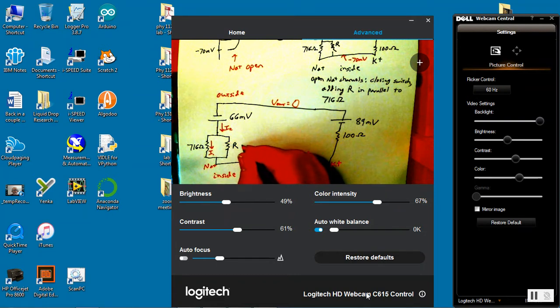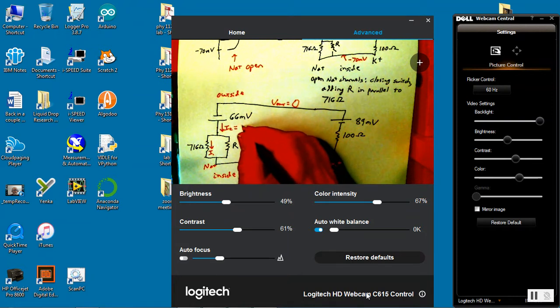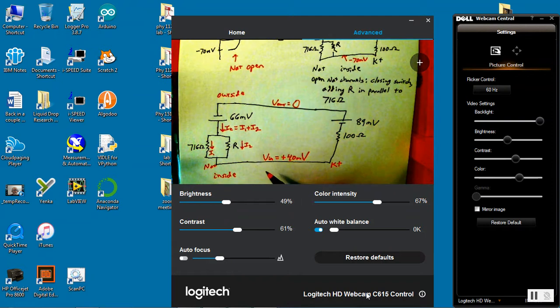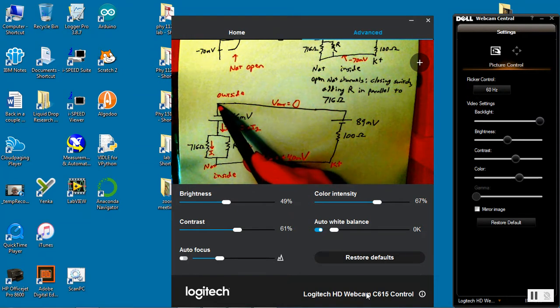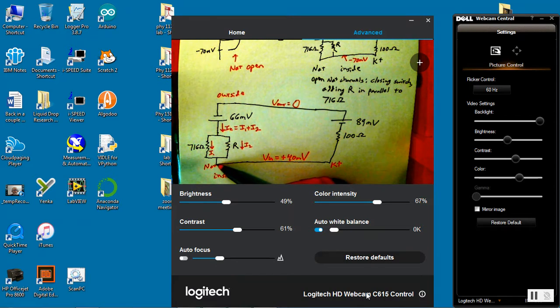Let's call them I1 and I2 for now, and we know that the total is I1 plus I2. That's the junction rule. In the end we have 40. So we go from 0 to plus 66 and then down to 40.